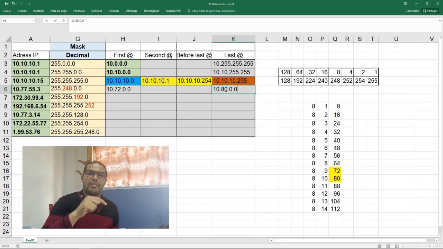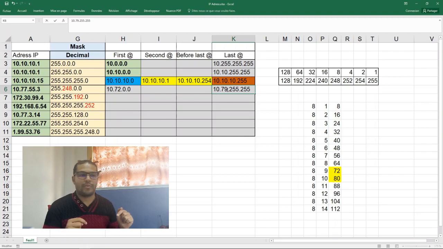It's not gonna belong to this subnet. So what I'm gonna do is subtract 1 from this IP address. Of course, you need to learn how to subtract 1 from an IP address, and the result is gonna be 10.79.255.255. I know it's a little bit confusing.